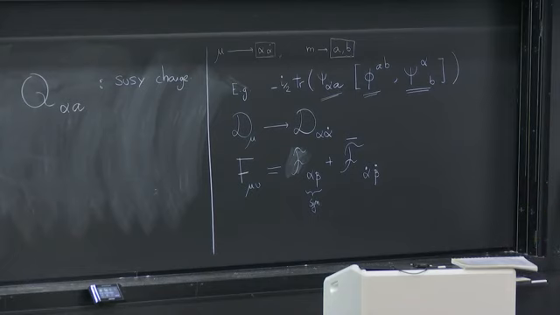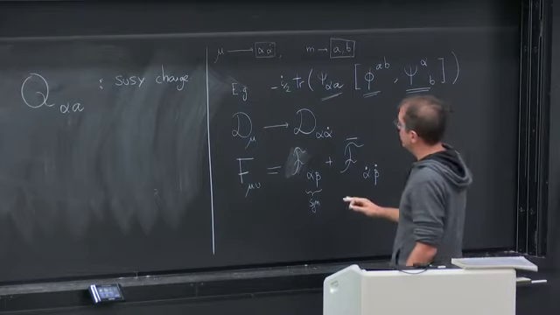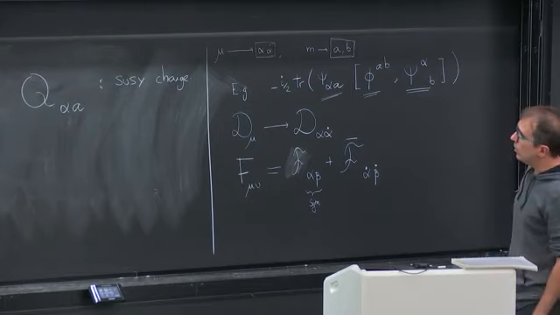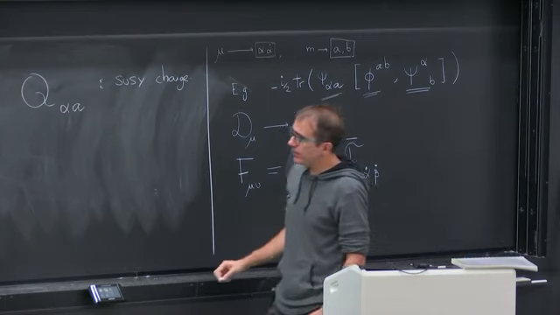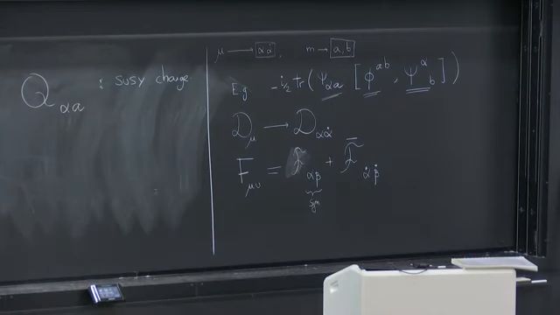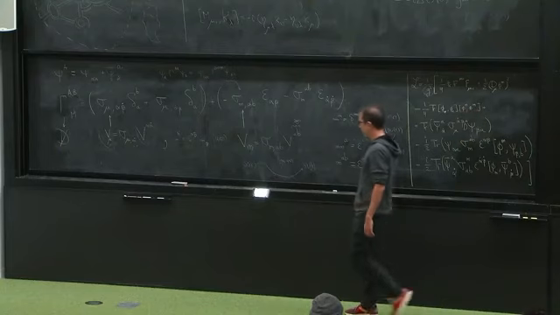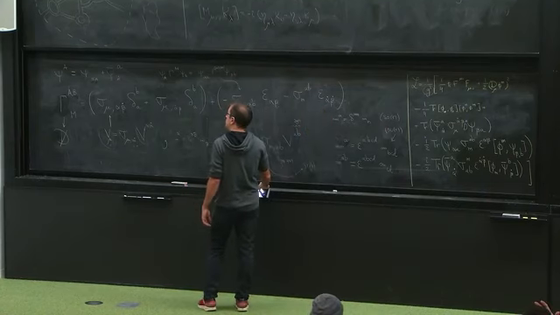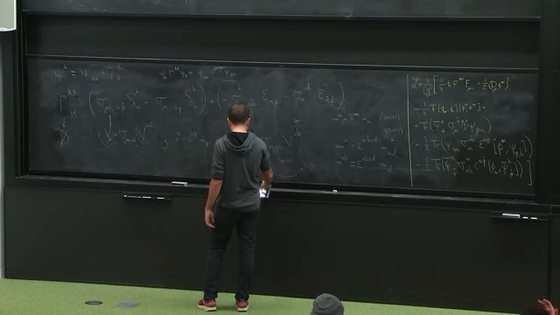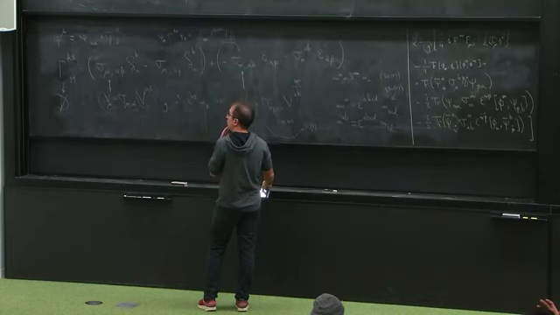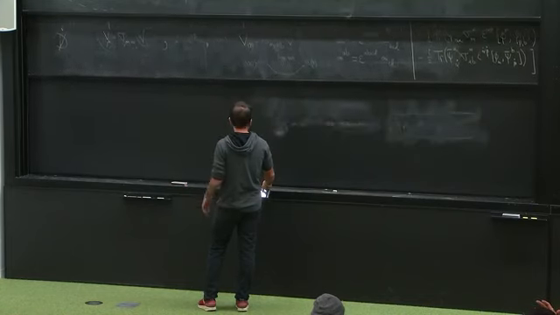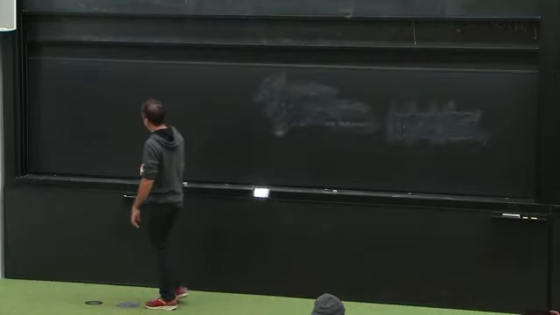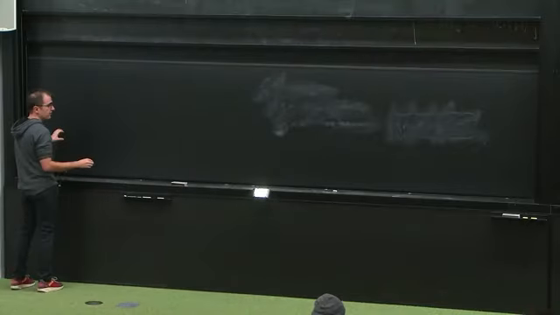Now, at the end of the day, if I make a list of all my fields, I can write all of them in these indices. So now let's list all possible fundamental fields.